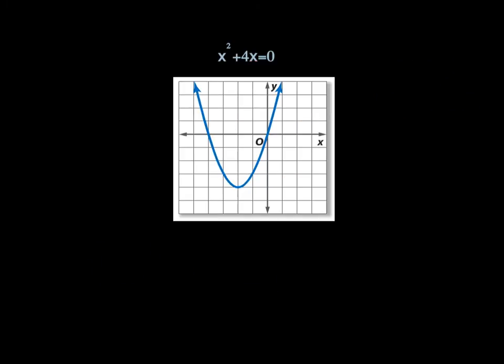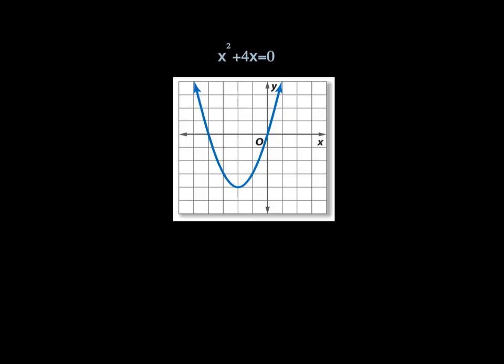Let's take a look at another example. We have x squared plus 4x equals 0. And again, it is already graphed for you. And we're just going to look and find where our parabola crosses our x-axis. So if we look, we have that our parabola is crossing our x-axis at 0 and at -4.